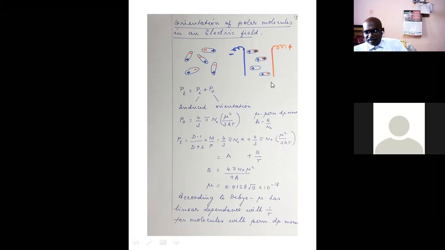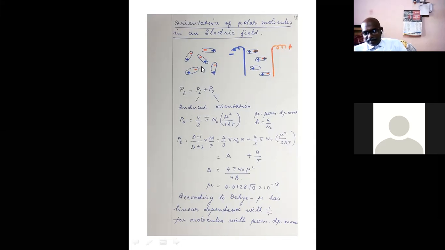This is called orientation of the molecule. Polar molecules will get oriented like this. Now, this is a polarization. The total polarization, that is PT, is equal to the induced polarization.